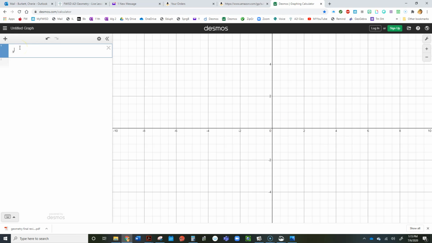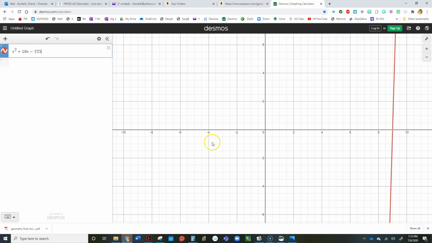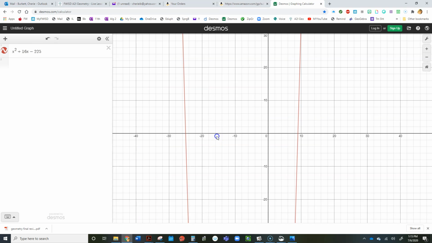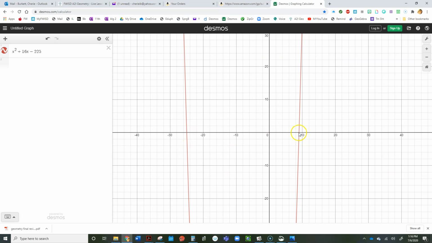I'm going to do x squared plus 16x, and then subtract that 225 from both sides. Now, this will tell me there's my 9 and 25. So I know that negative 9 and positive 25 are the two numbers that multiply together to give me 225, and they will subtract to give me 16.